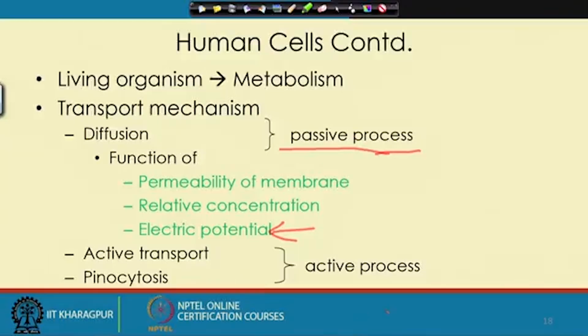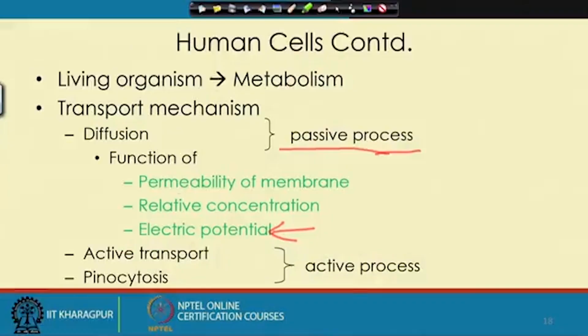That potential gradient repulses some of the ions and attracts some of the ions. So, they also influence the process of diffusion, and in the latter part today we will see how that takes part in the diffusion.